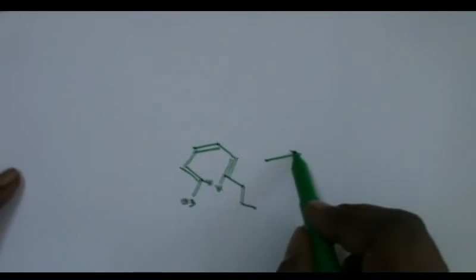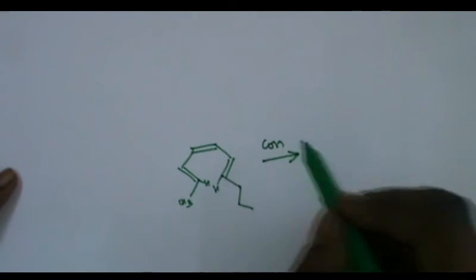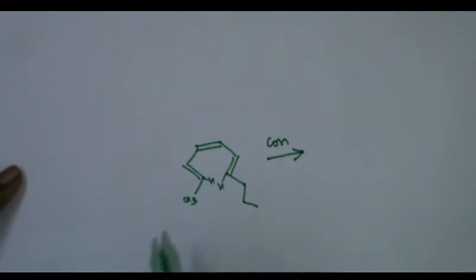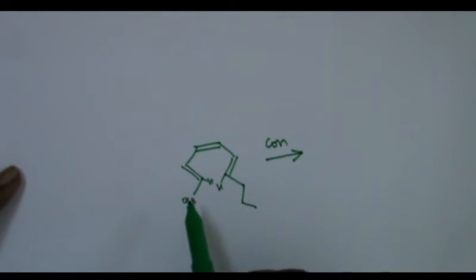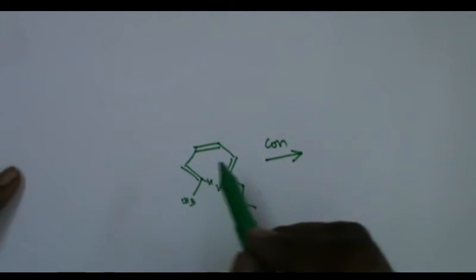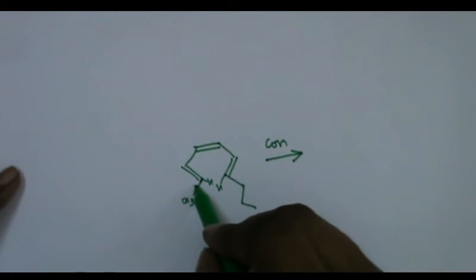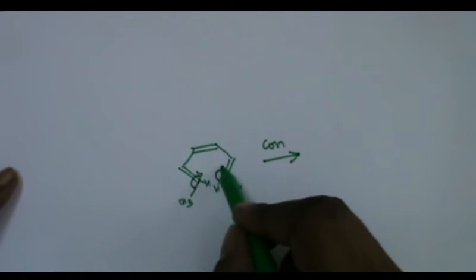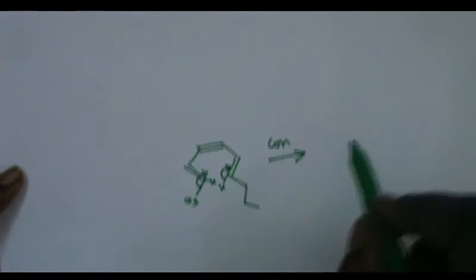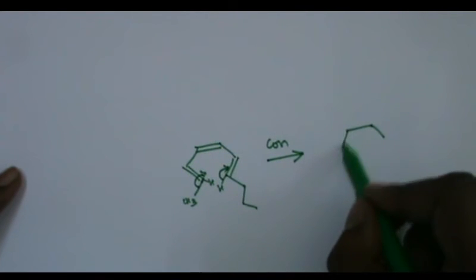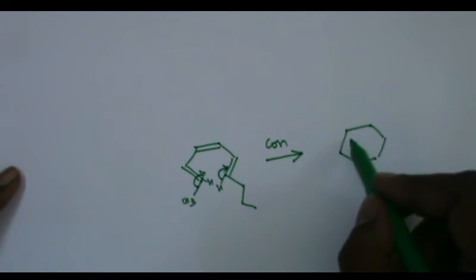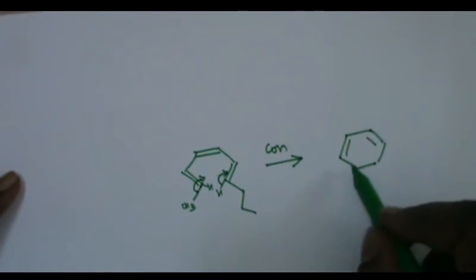If this undergoes conrotation, the substituents go in the same direction. For example, if it is clockwise direction, this as well as this should be clockwise. So I rotate like this, also like this. What I get is a compound like this.